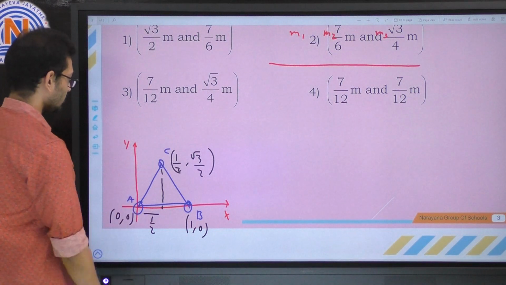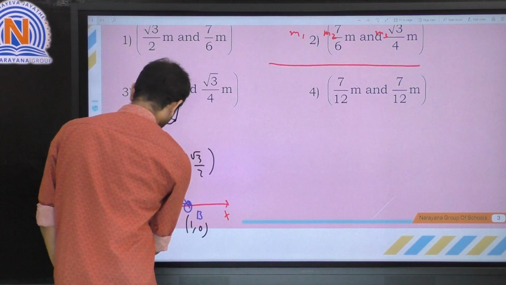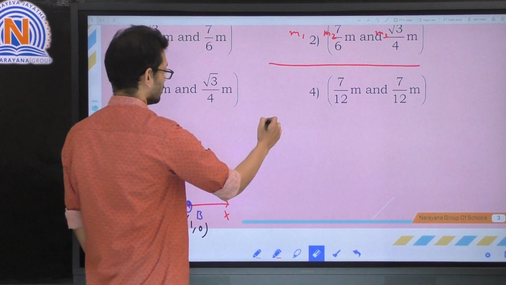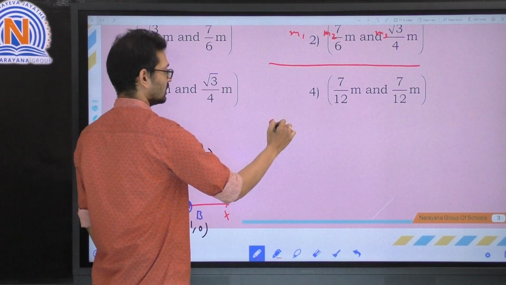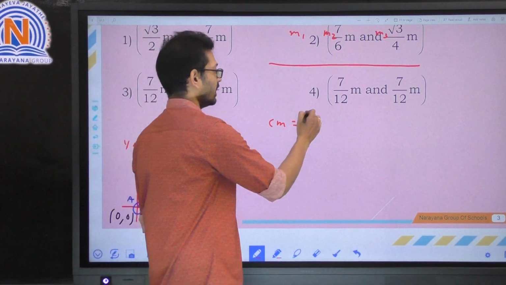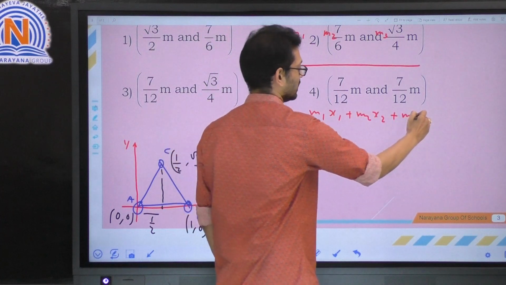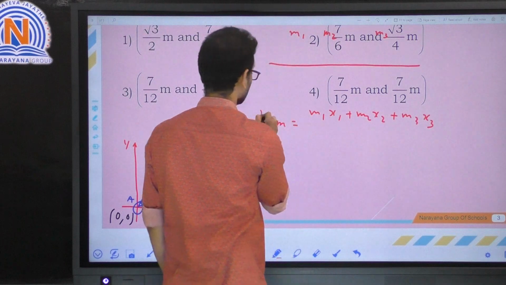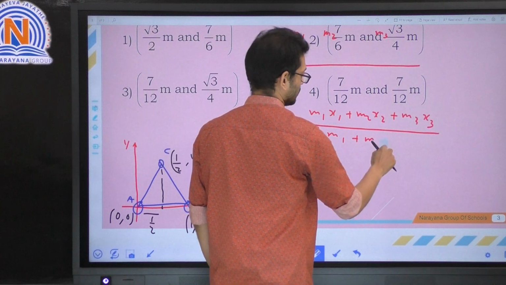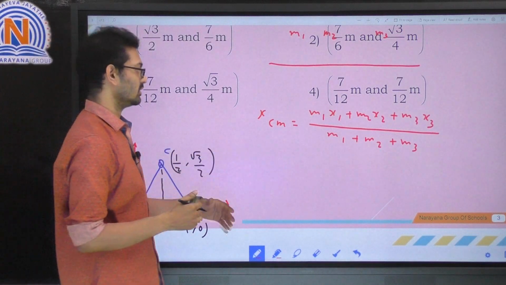Now if we try to substitute, the center of mass of these three objects can be found as x center of mass equals m1 x1 plus m2 x2 plus m3 x3, divided by m1 plus m2 plus m3. We have only three masses, so we take all three.